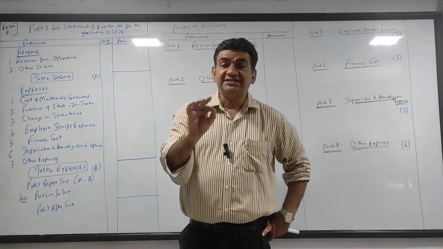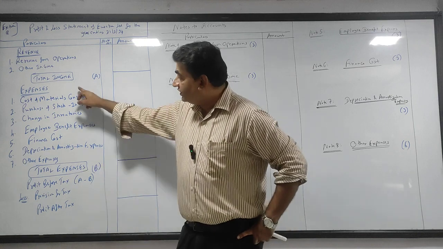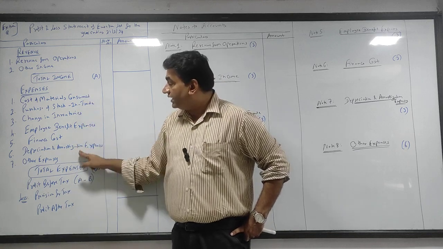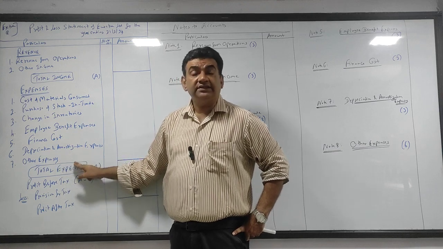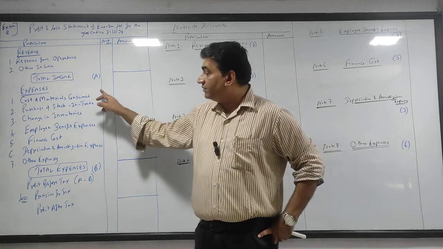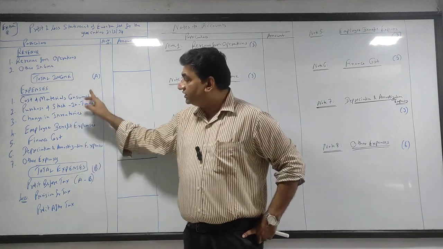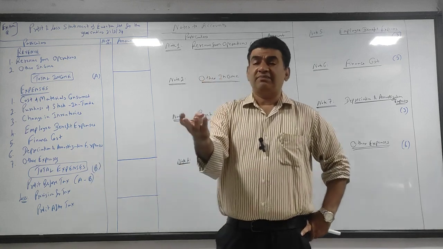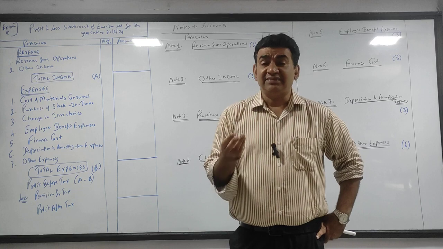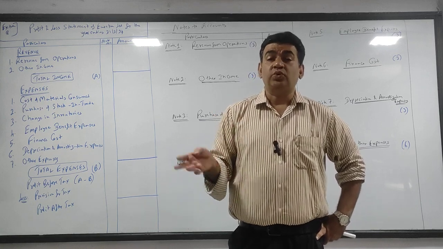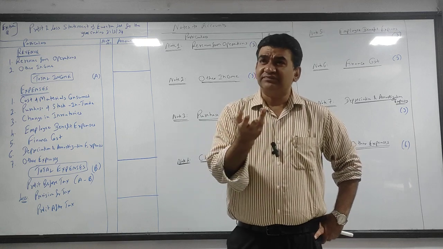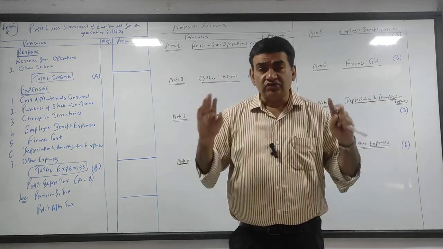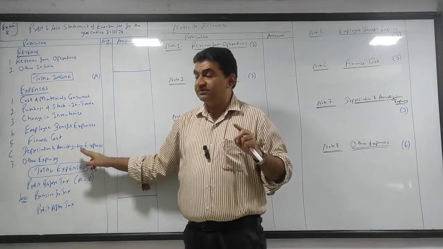Any business expense or any expenditure incurred by the company which doesn't fall in the first 6 heads will come under the 7th head, that is other expenses, like printing, stationery, audit fees, administrative expense, selling expense, carriage outward, bad debts, electricity, auditor's fees, legal charges, professional fees, etc. So in short, whatever doesn't come in the first 6 items will come here.